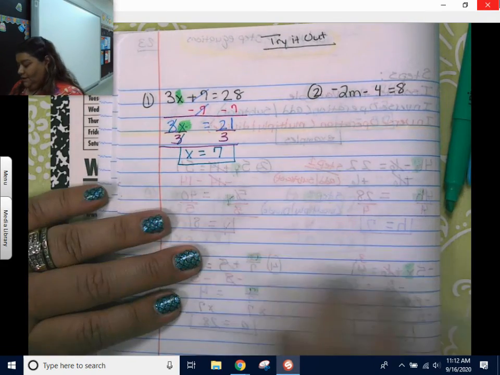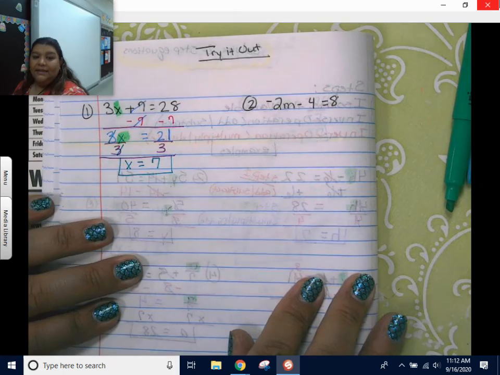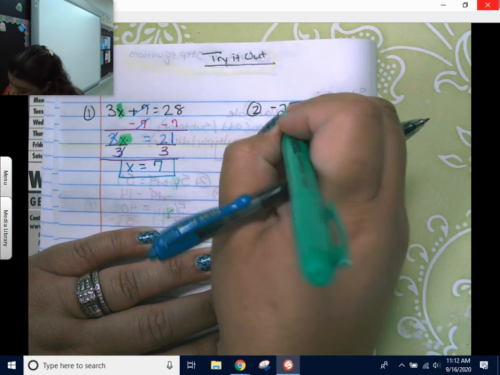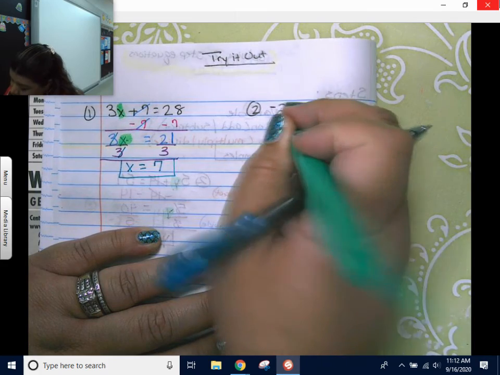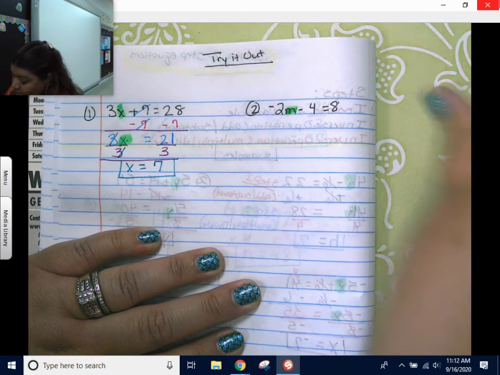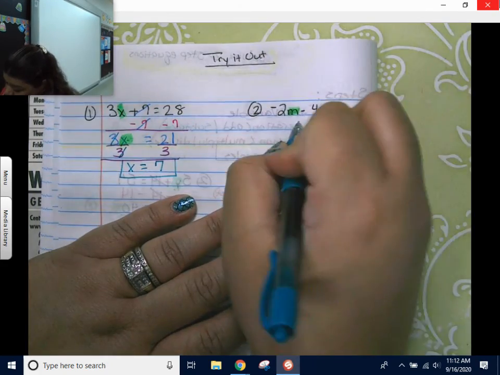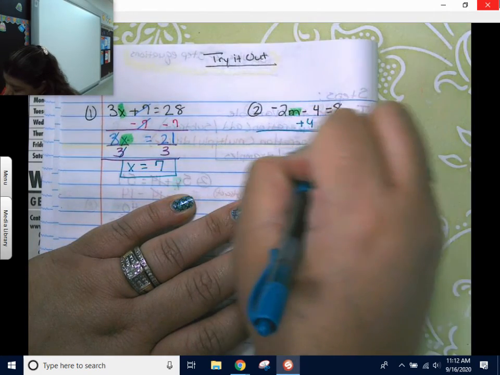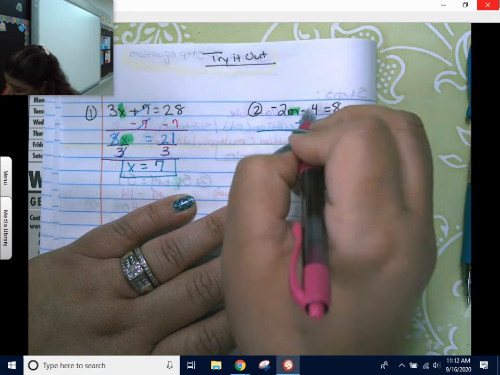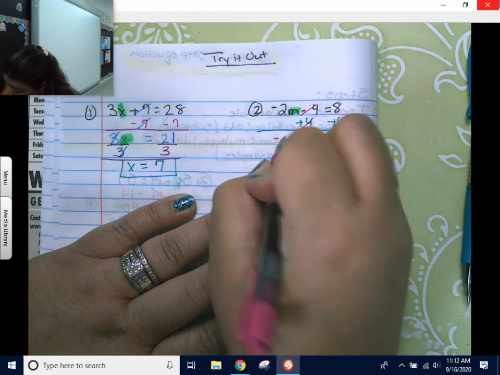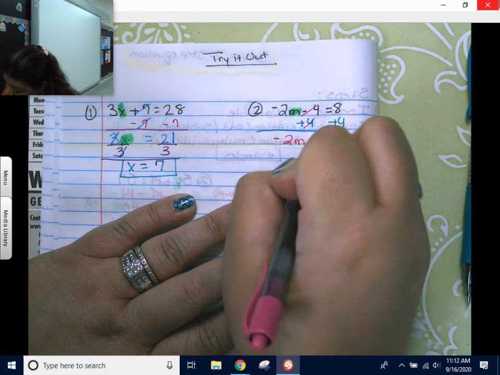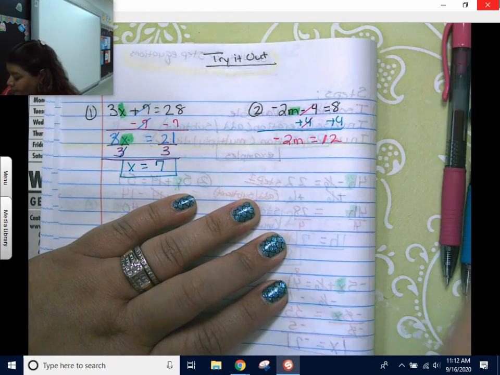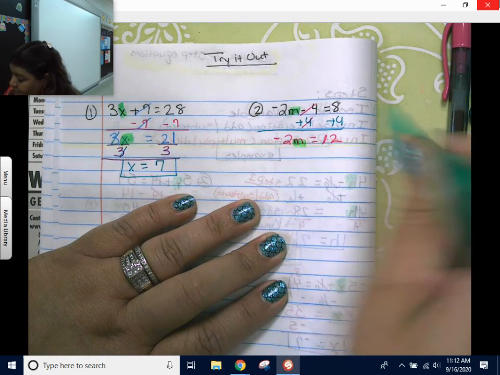Okay. All right. Second example. Let's see how you did. Isolate the variable, and this means -2 times something minus 4 gives me a +8. So let's figure that something out. You should have added 4 to both sides. -2m equals 12. Good. Isolate again.